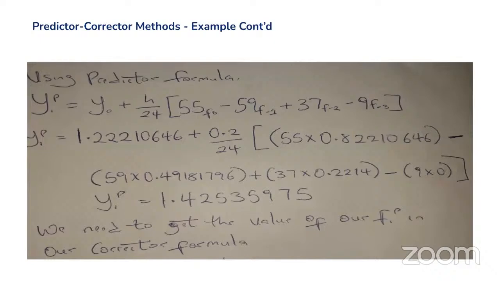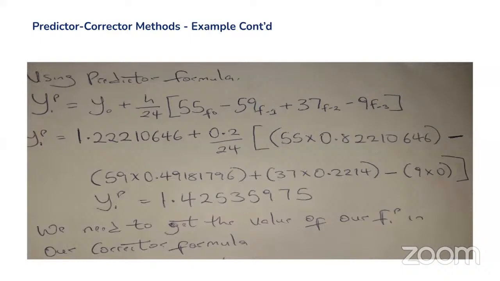So now using our predictor formula again, like we already know now, y naught plus h, which is the step size, divided by 24, brackets, 55 f subscript 0 minus 59 f subscript minus 1 plus 37 f subscript minus 2 minus 9 f subscript minus 3, brackets.